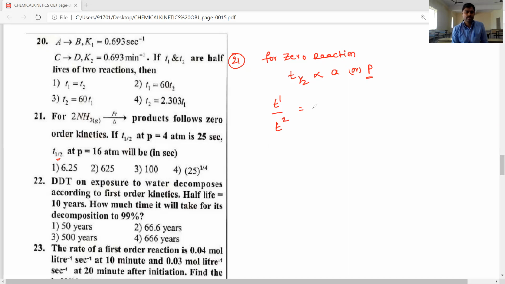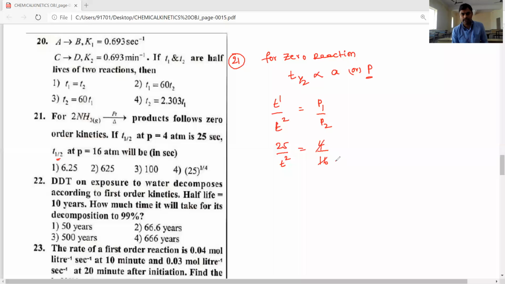First T half by second T half is equal to P1 by P2. Now the first T half is 25 seconds, by T2, is equal to P1 by P2, which is 4 by 16.